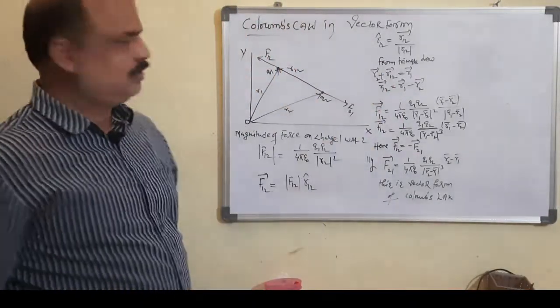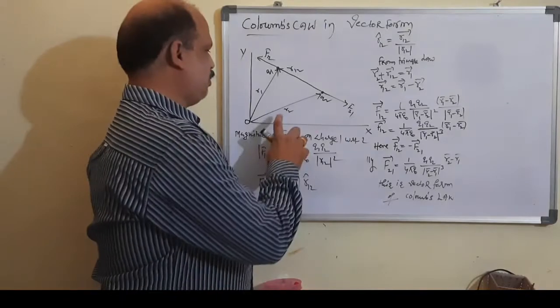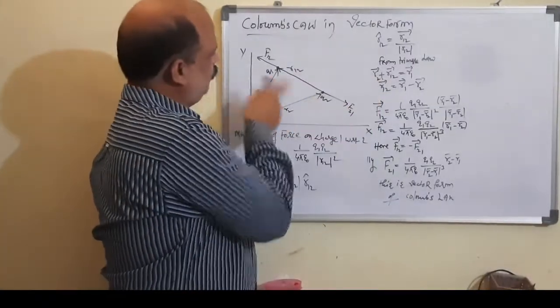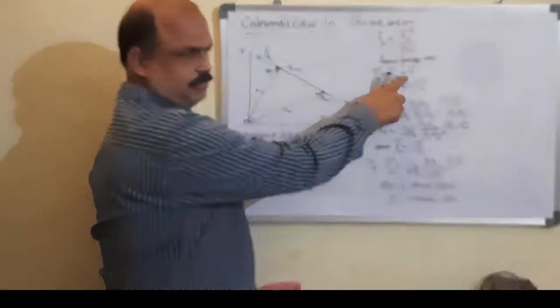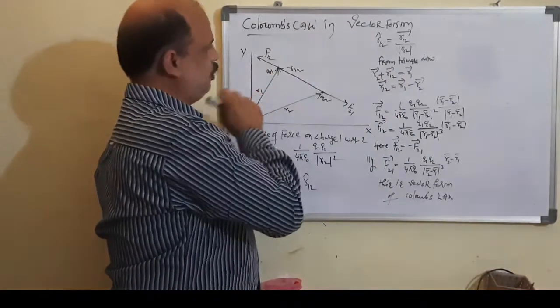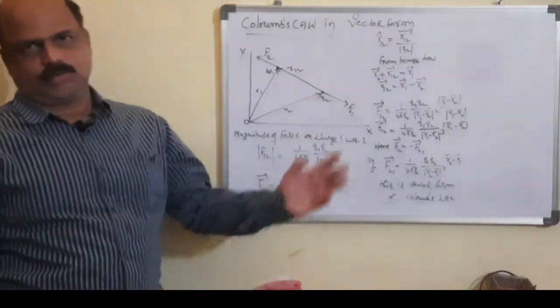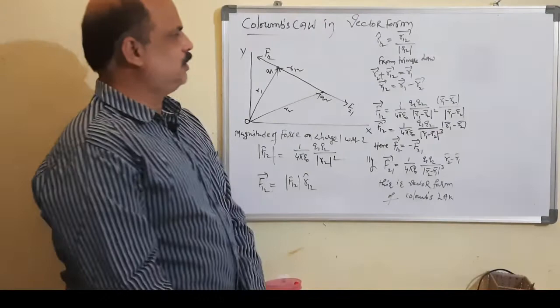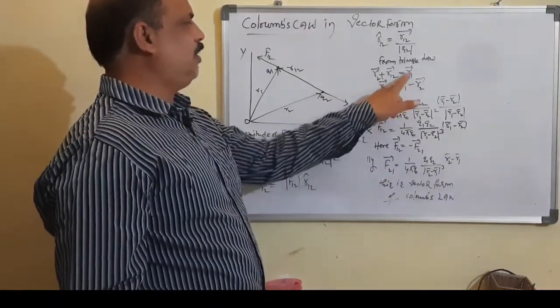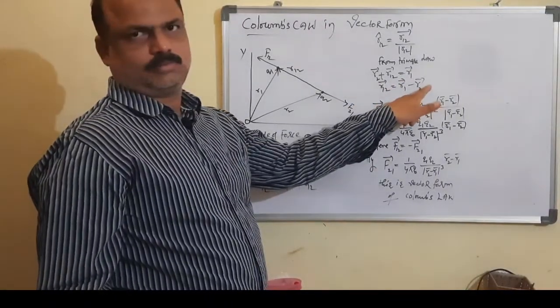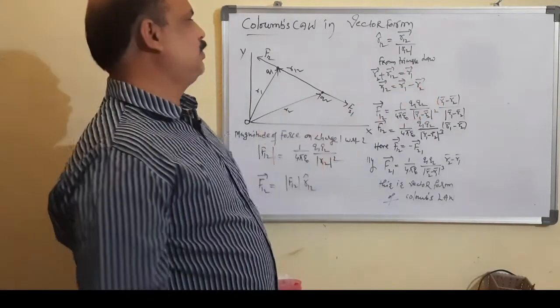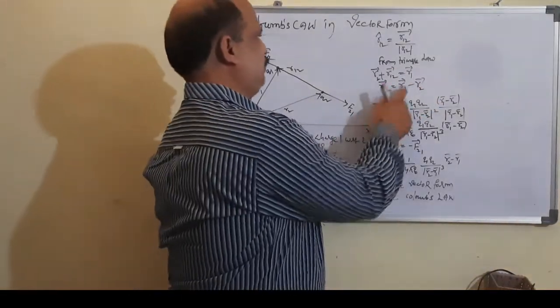From the triangle law, here R2 plus R12 is equal to the closing side R1. That means R12 bar is equal to R1 bar minus R2 bar. Substitute this value in this equation.